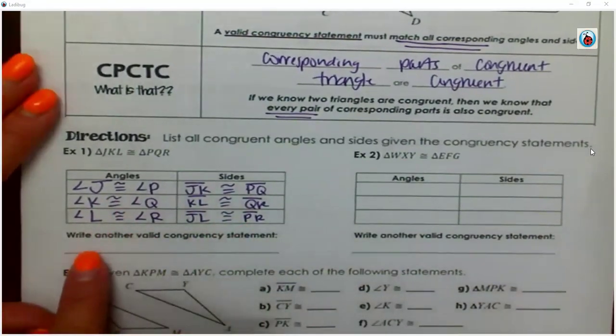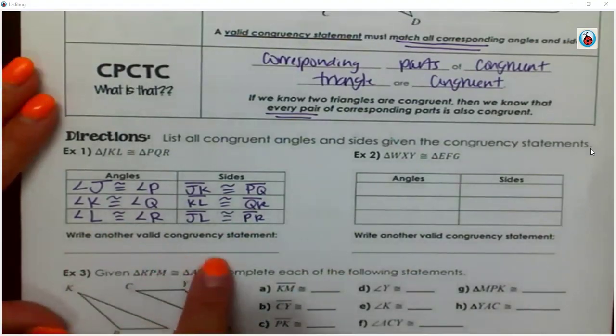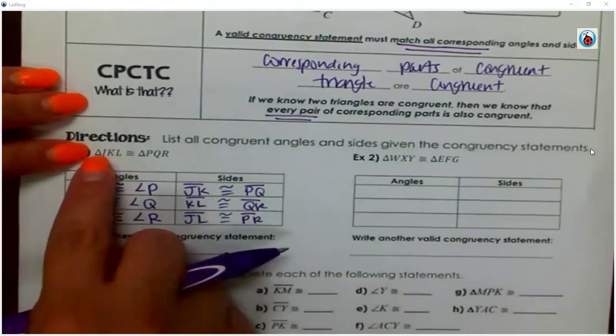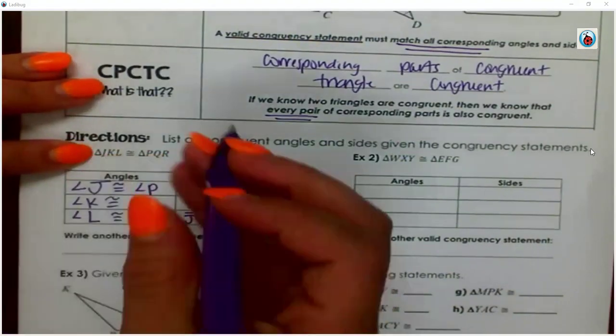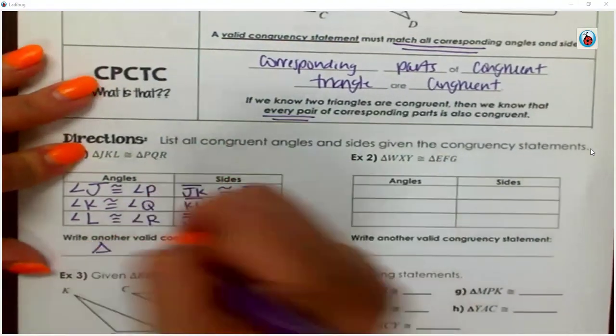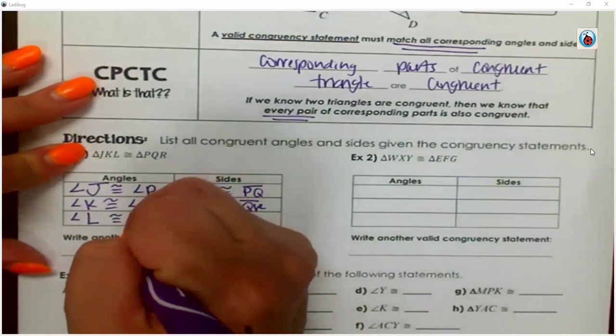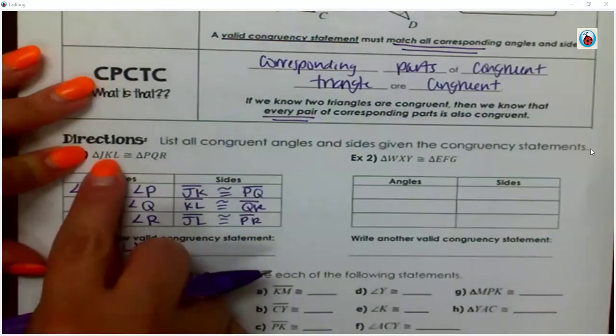Then it asks you to write another valid congruency statement. Now, there's technically more than one answer, but what this is saying is I'm going to rearrange these letters. So instead of triangle JKL, I can have, let's go with LKJ. So all I did was rearrange these.